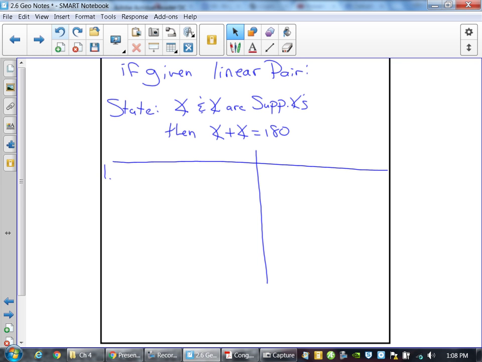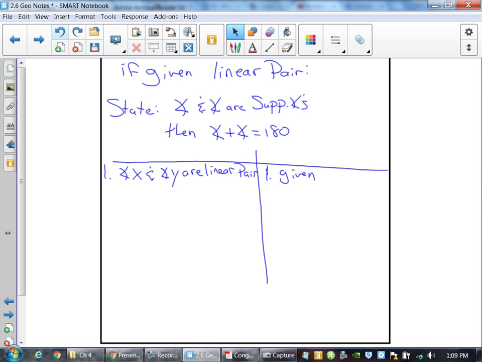So if given, let's use x and y this time. X and y are a linear pair, and let's say that's given. If angles x and y are a linear pair, that means those 2 have to be supplementary.